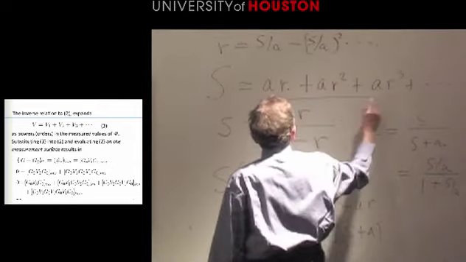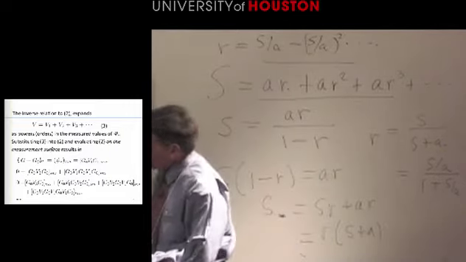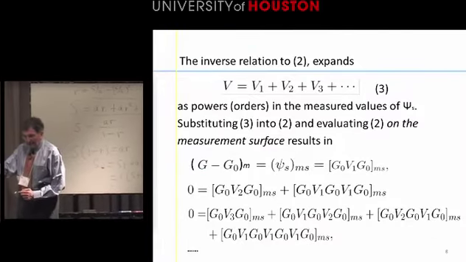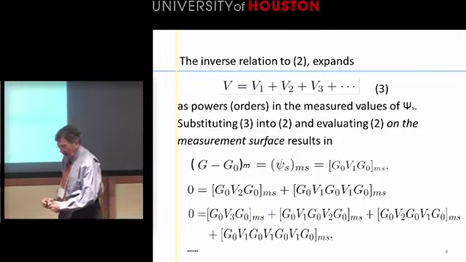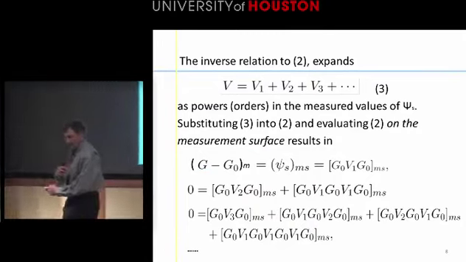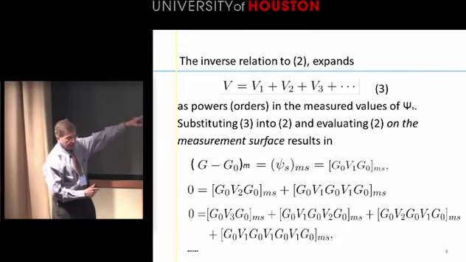So the fact that this is geometric suggests, in other words, if in a geometric series, like the forward, AR squared, then the R is a power series in the G minus G0, going the other way. That's the rationale for equation 3.